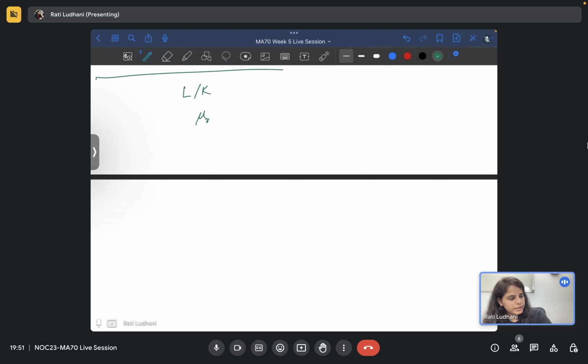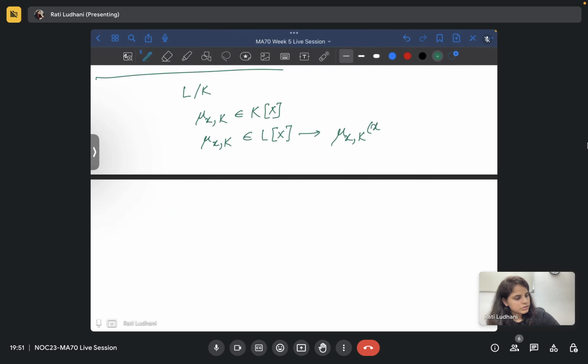So mu of alpha comma K is there in K[x]. Now if you think of mu of alpha comma K in L[x], it will be equal to some bunch of irreducibles in L[x].